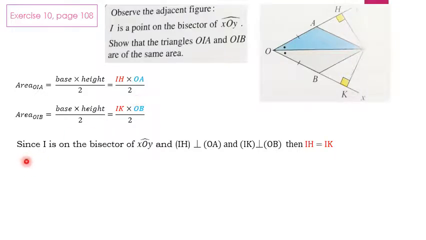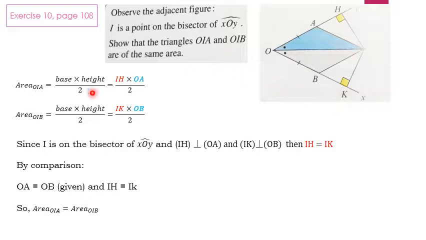Now how to write? Since I is on the bisector of XOY, and IH is perpendicular to OA, given, and IK is perpendicular to OB, given, I can conclude that IH equals IK. It's the property that we studied about bisector. And by comparison, given that OA equals OB and IH equals IK, this means that both areas are equal.